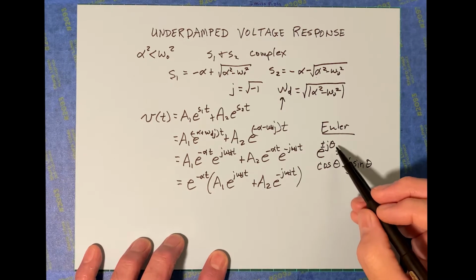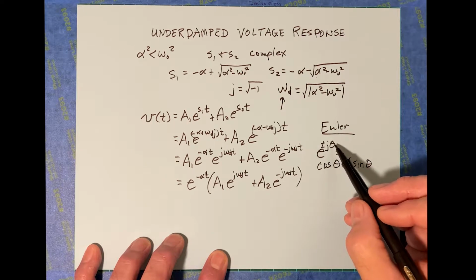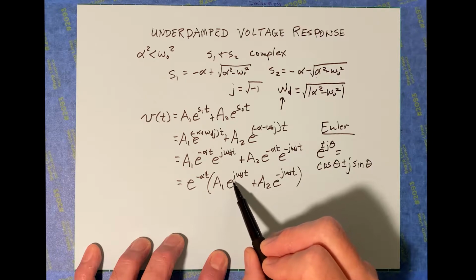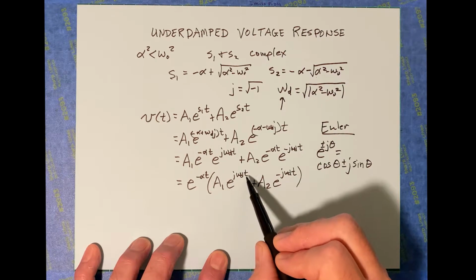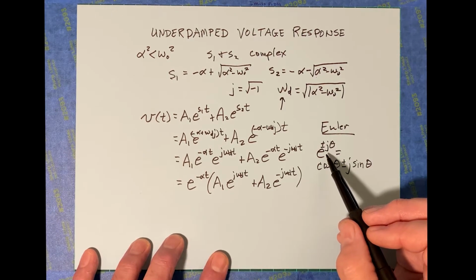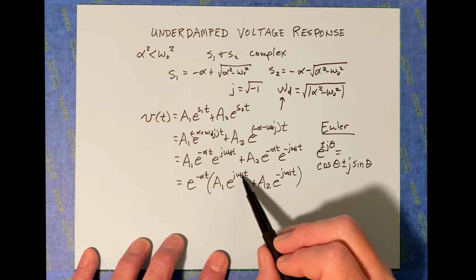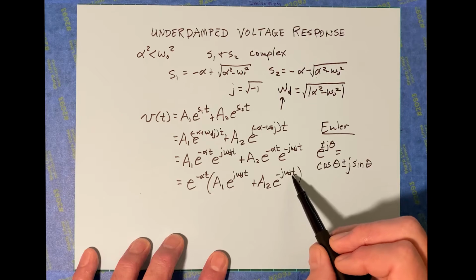Okay, so this is the Euler identity, and since it's a j angle, we're going to treat omega d t in each of these cases as if it is that angle theta. And it could be plus omega d t or minus omega d t over here.